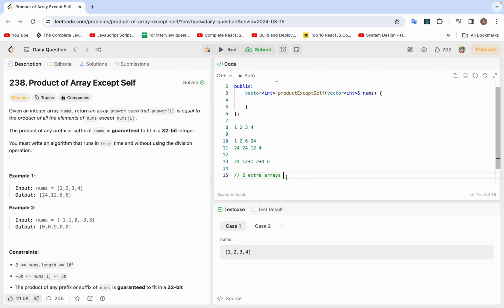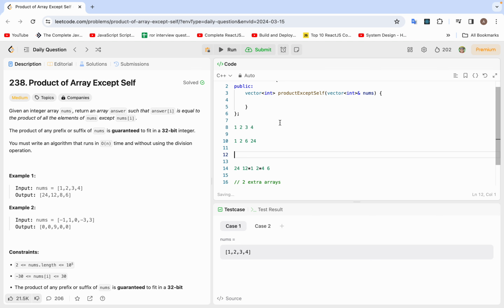So how will we optimize it further? We can use only one array, and for the other array we can simply replace it with a variable.